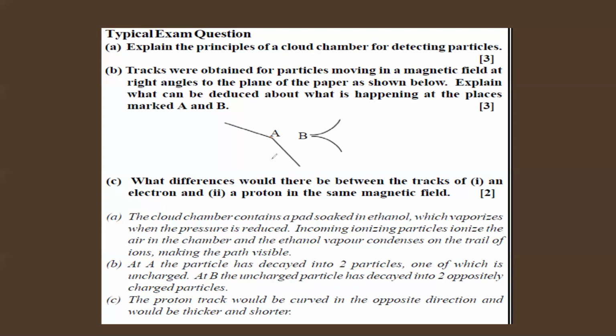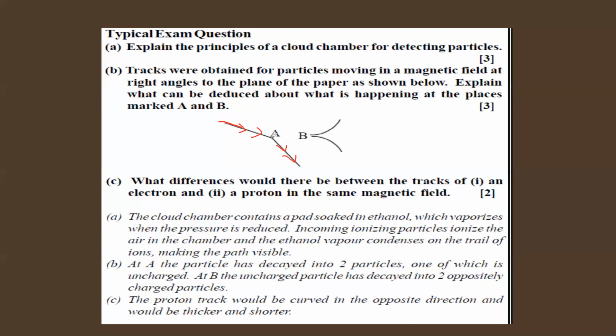So what can we say? Look, the particle was moving in this direction and it deviated from the path. Because there was an initial path, it shows that originally it was a charged particle.